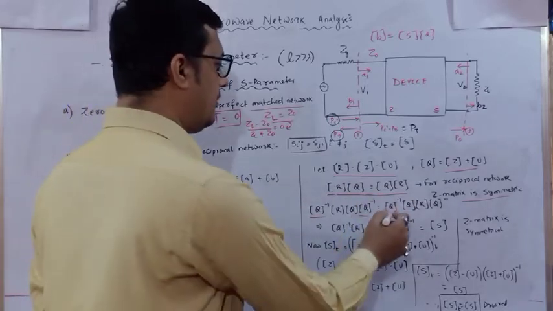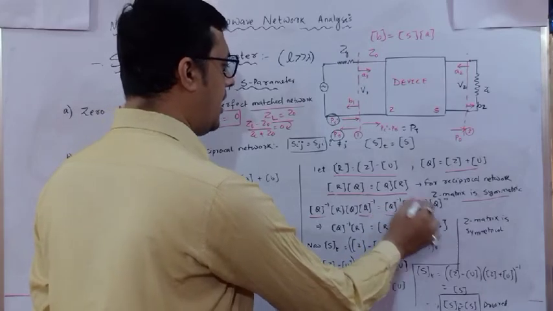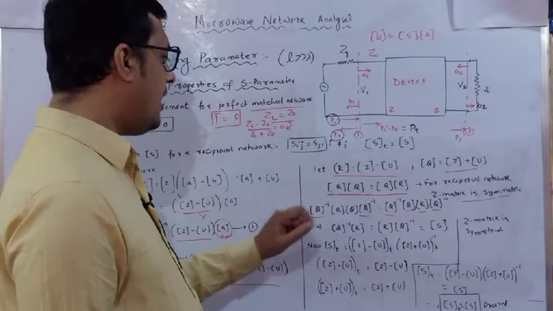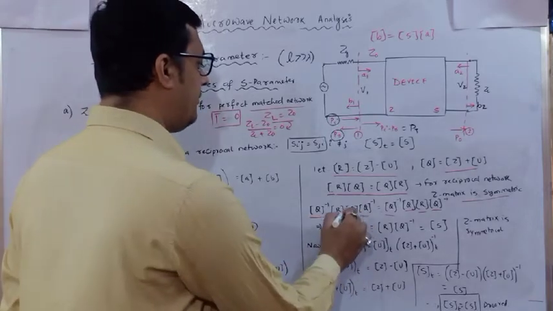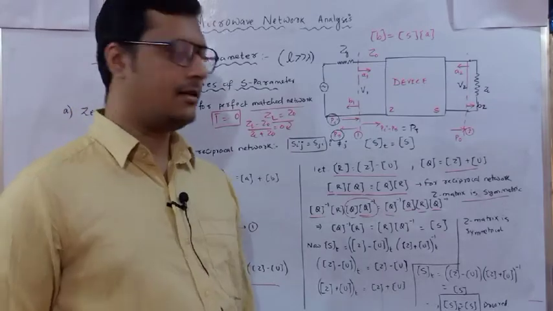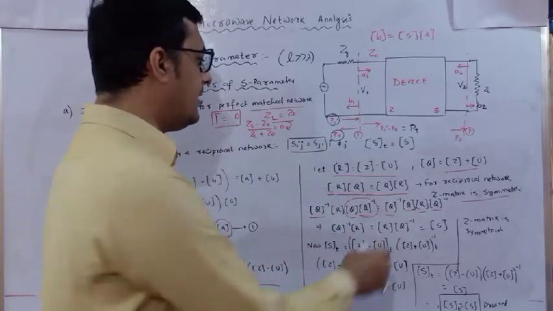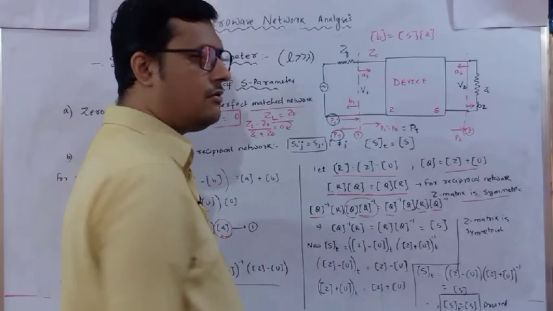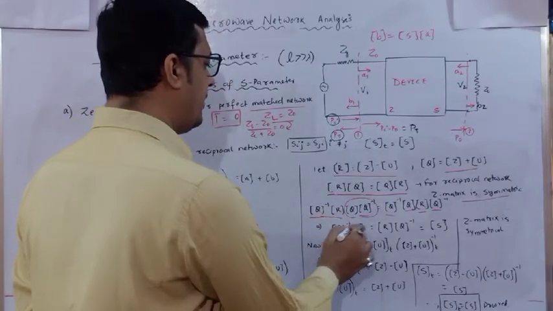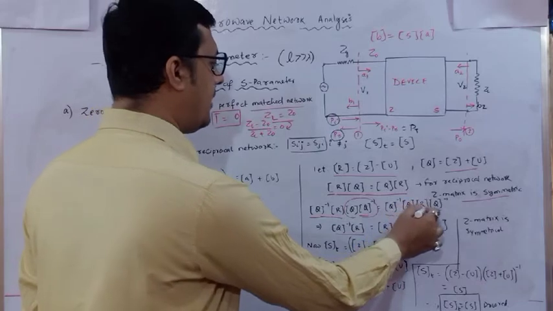On the right hand side also Q inverse, Q into R and Q inverse. Okay, so Q into R, and you can see that A into A inverse, the resultant is 1. Similarly, Q inverse into Q, the resultant is 1. So what am I getting? The first component is Q inverse into R, and this R into Q inverse.